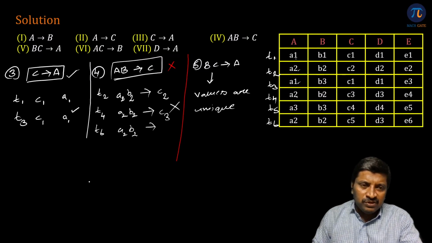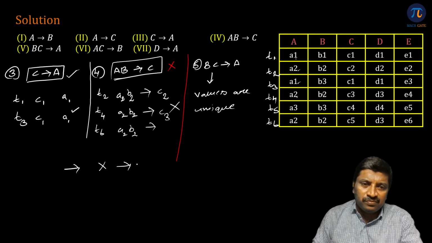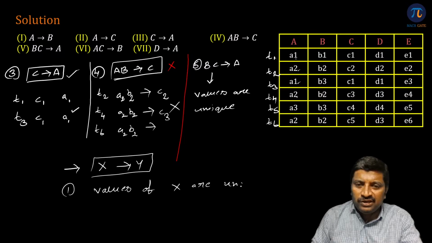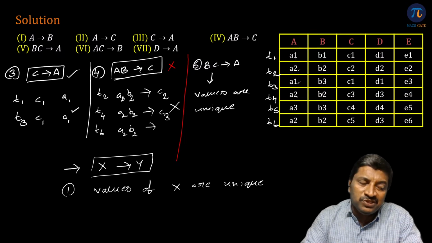Hope you understood it. So to verify any functional dependency, what am I supposed to do, sir? The first one is we need to verify whether values of X are unique or not. If unique, no issue, it will be satisfied.